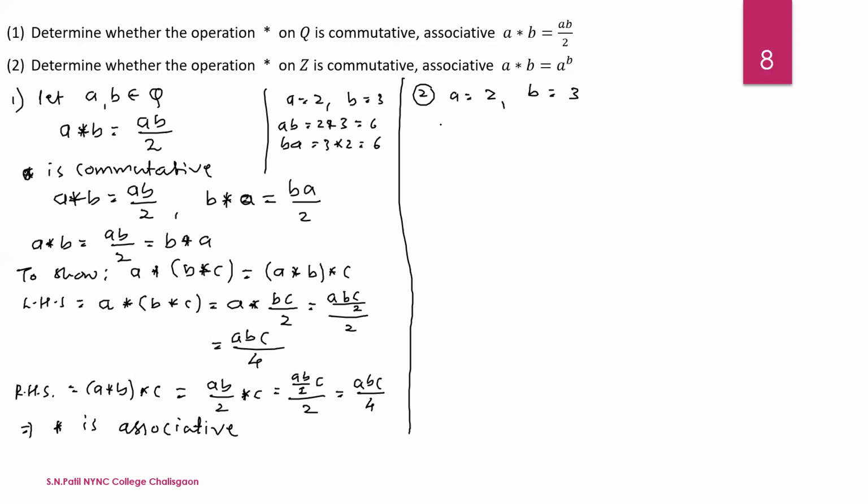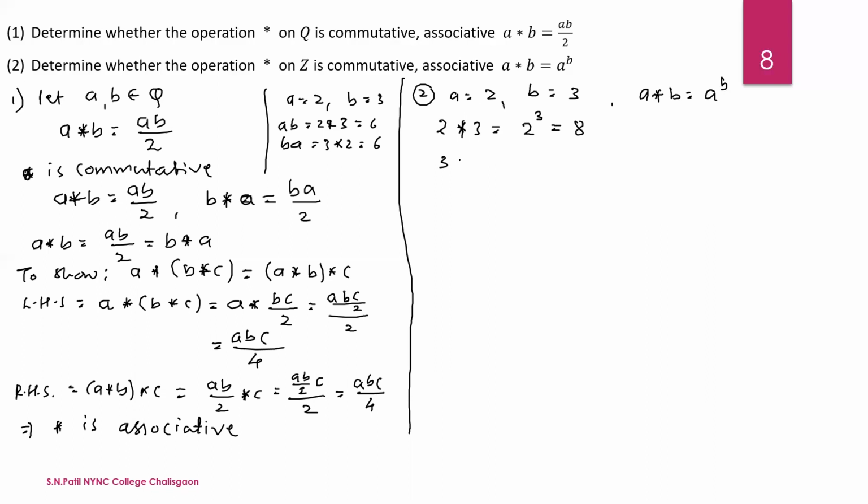First we discuss the commutative property. That is 2 star 3. By definition, A star B is A raised to B. So 2 star 3 means 2 raised to 3, that is 8.